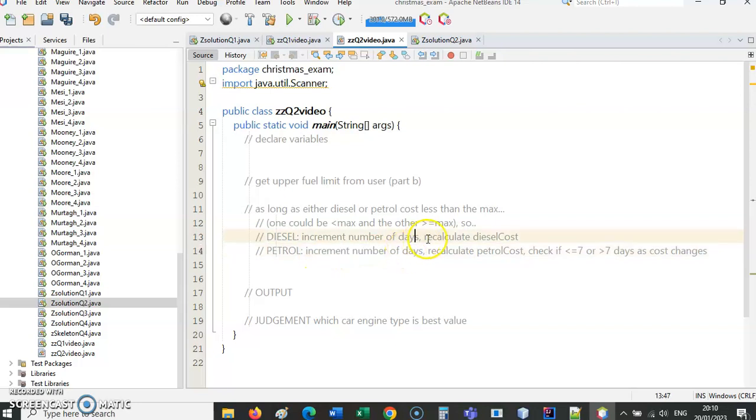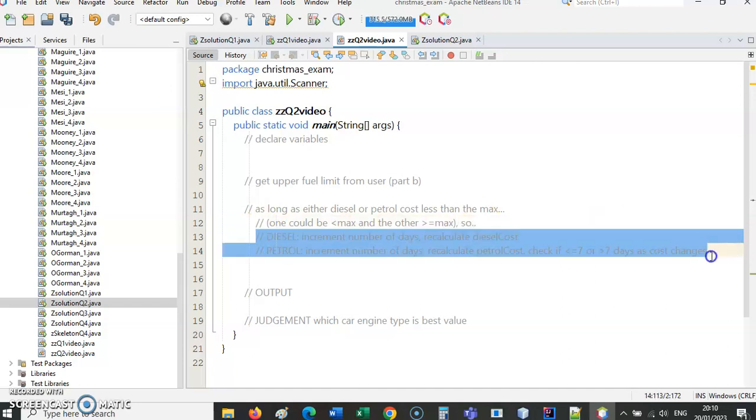We're also going to have to multiply the current costs by the particular percentage, which is 3% for diesel and 5% for petrol. And we also need to check if it's more than 7 days, because then the increase is going to slow down to 2.5%. As long as one or both of them is less than the max, we're going to have to do that process.